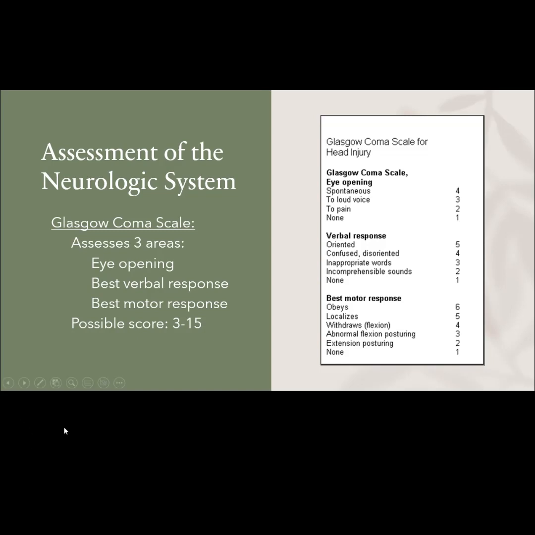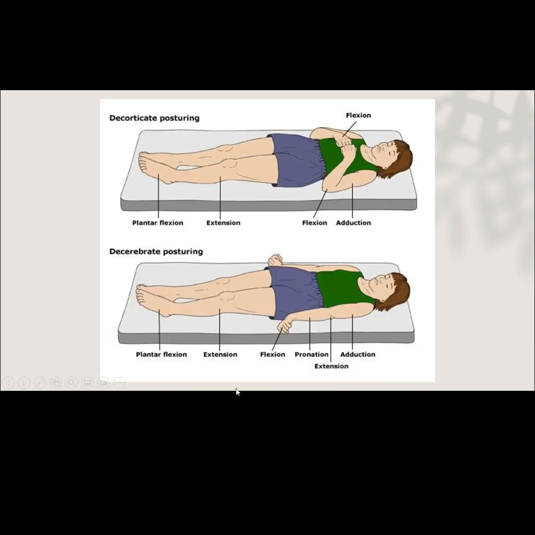And I'm going to skip ahead here to a couple of slides real quick. So the picture on the top here is what we refer to as decorticate posturing. Okay, and we'll talk about this again later, but this is when the patient has a flexion of their arms at the elbow, and then they bring their hands toward the chest and their legs are extended.